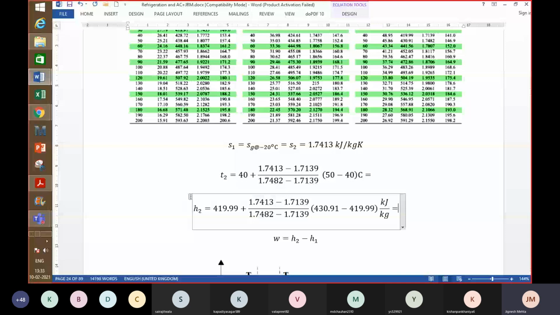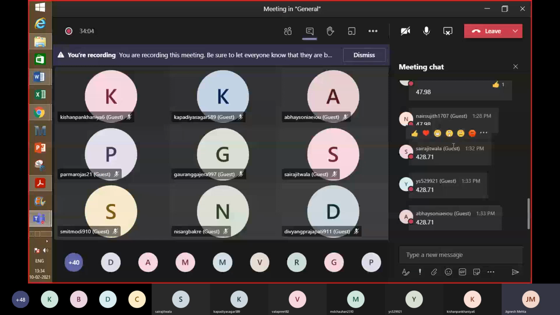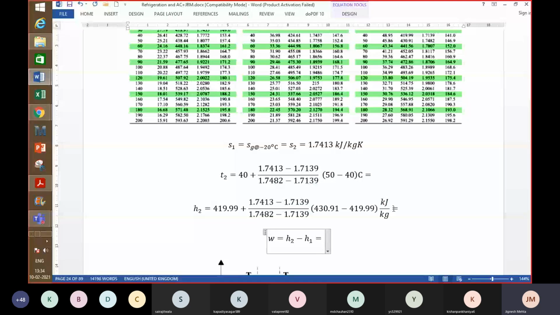You already know H1, and you have also found H2, so that seems to be good agreement. So you can go ahead with this value and put it in this equation. So you get W in kilojoule per kg. So you can also provide me the value of W now, which is H2 minus H1.